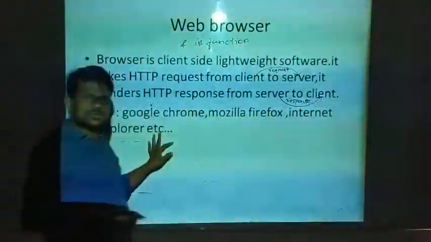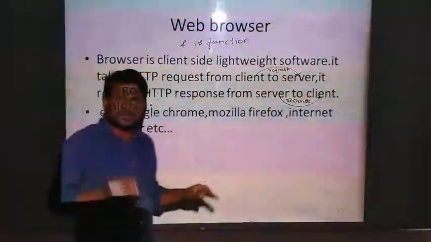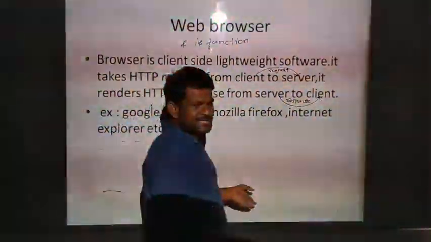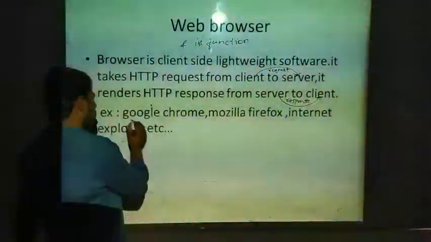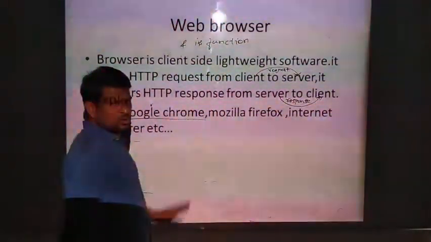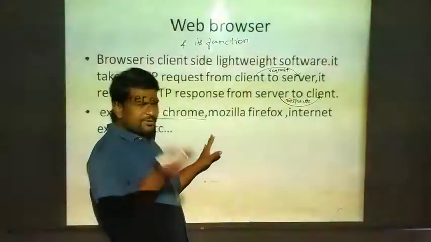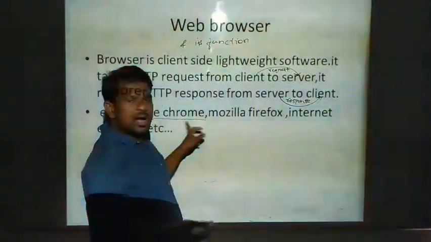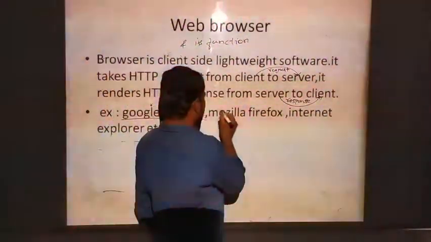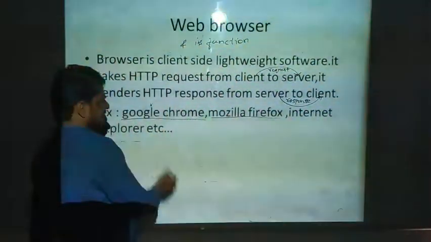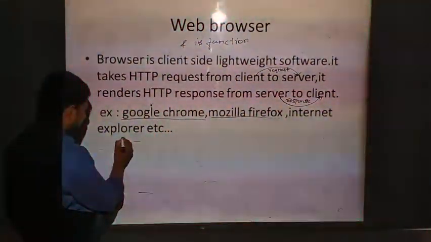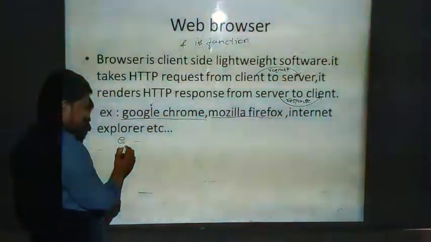Some of the browsers which we are using in our smartphones, in our desktop computers, and in our laptops are Google Chrome. In every smartphone you will see that. Or you can use Mozilla Firefox, and you can also use Internet Explorer. Internet Explorer you will see with an E symbol.